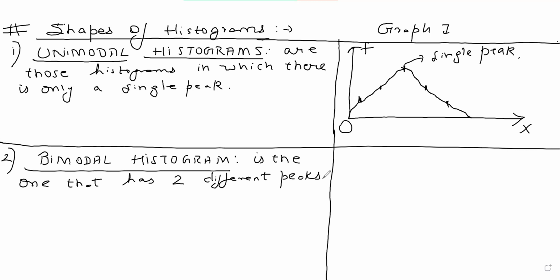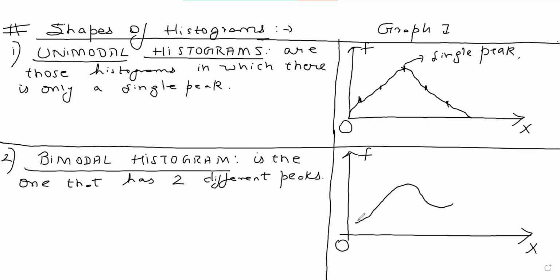Okay, so for example, a picture like this. You have one peak and then you have another peak. So I can put an arrow and write that it has two peaks. This is a bimodal histogram.